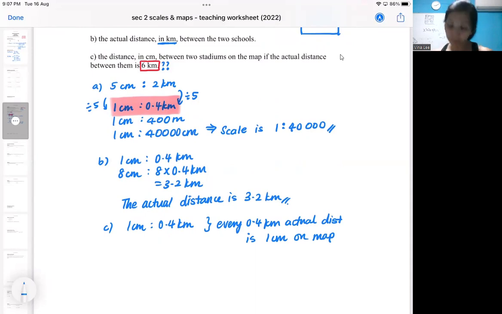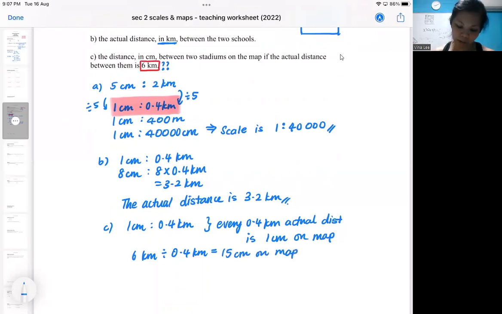So if you want to know how many sets, there will be something like 6 kilometer divided by 0.4 kilometer. So if you divide by 0.4, you get around 15 groups of 0.4 kilometer. So that is like 15 centimeter on the map.